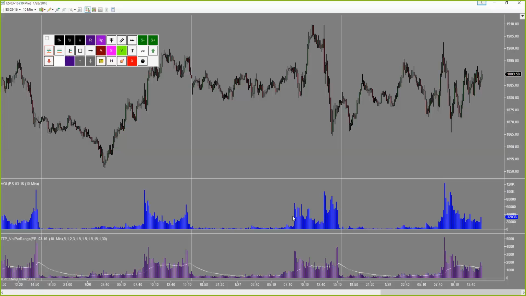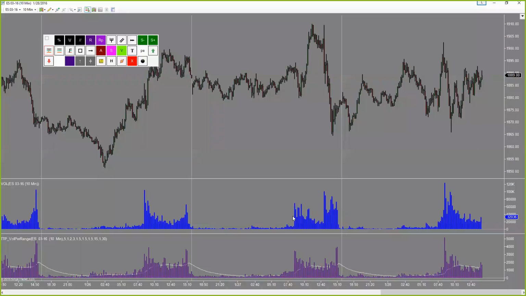But anyway, he wrote an article about relative volume and doing just exactly what I'm talking about, comparing today's volume from 9 to 9:05 with yesterday's volume from 9 to 9:05, and doing an average of, say, the past 10 or 15 days.